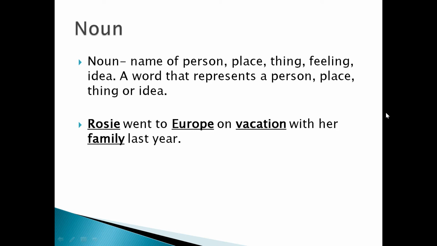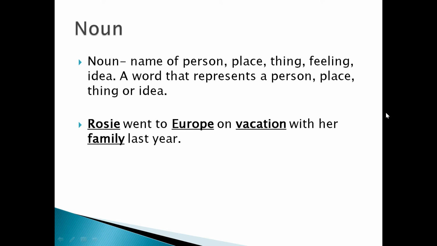Now, in this sentence, how many nouns are there? What are nouns? I've explained that already, so we can identify what are nouns in this sentence. Yes, Rosie. Rosie is the name of a person. Then Europe. Europe is the name of a place. And the next noun is vacation.